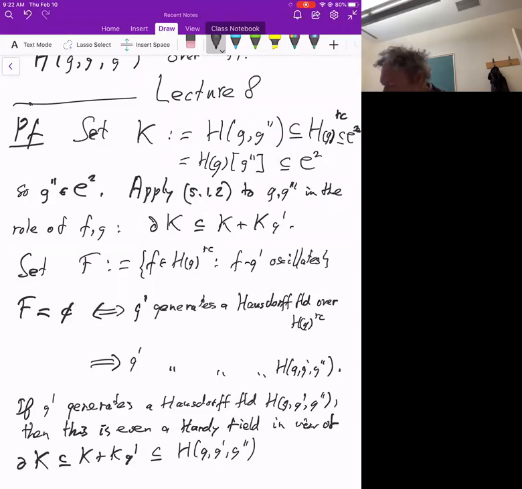And of course the derivative: K is what G and G double generate, and the derivative of G prime is also in here, namely it's G double. Okay, good.